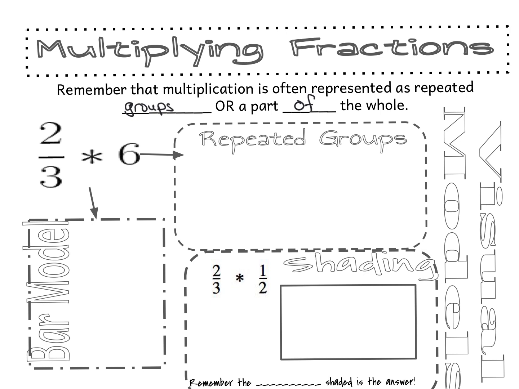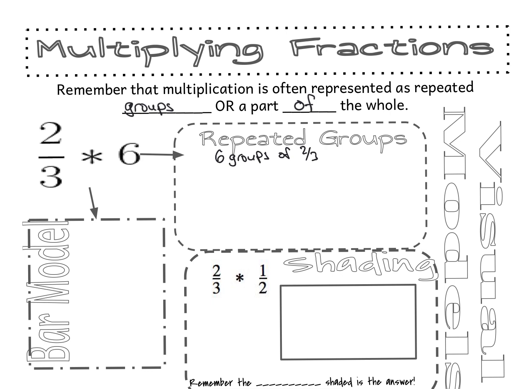The example we're going to use first is going to be 2/3 times 6. So when we think about this, we can either think of it as 2/3 of 6 or 6 groups of 2/3, because as we know, multiplication is commutative, so we can switch the order. So looking at it as 6 groups of 2/3, or you could take 2/3 of the value of 6.